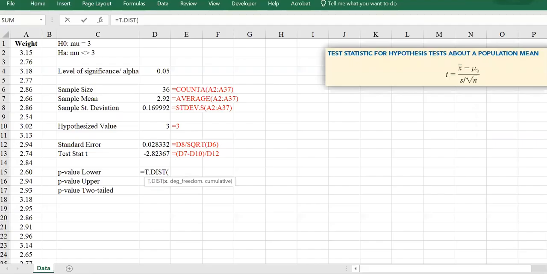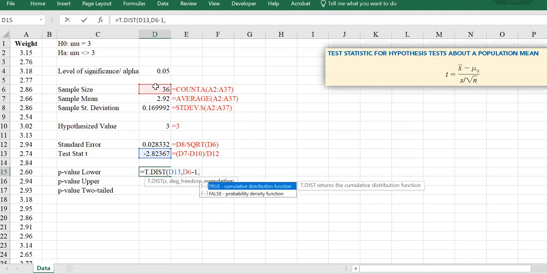So I'm just going to come back here. T.DIST. Now we're doing the left side. X is the test statistic, the T value, and degrees of freedom is going to be n minus 1. And then for cumulative, you need to put true. I mean, we're looking for the cumulative distribution, basically the probability to the left of the curve.